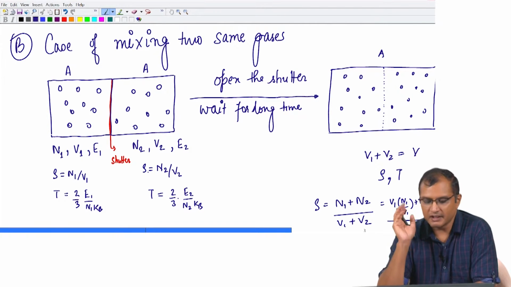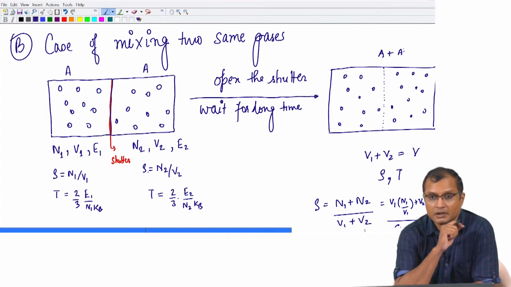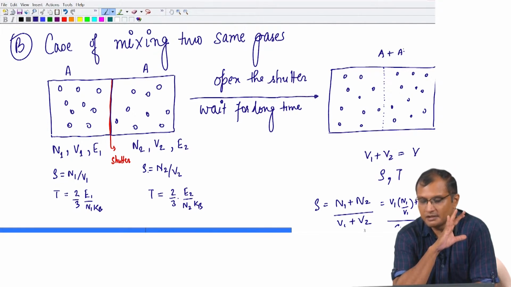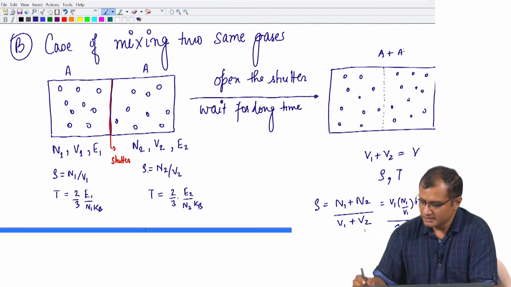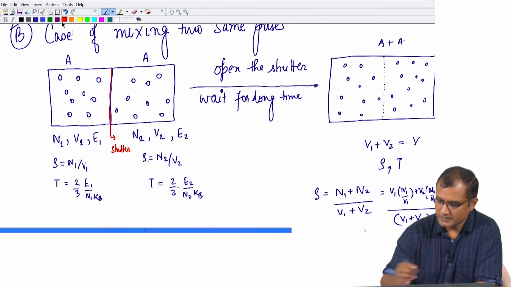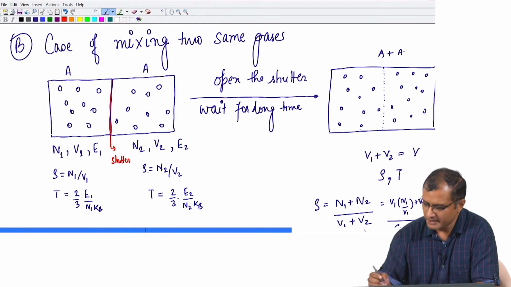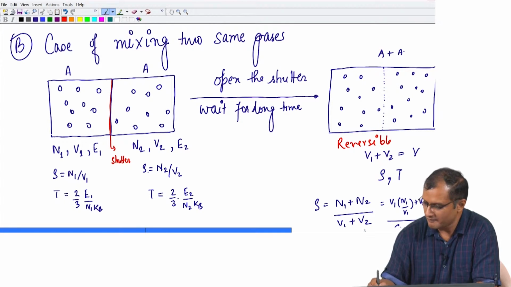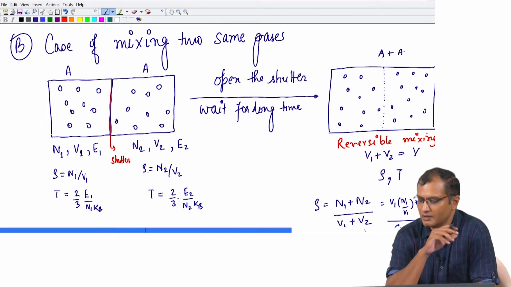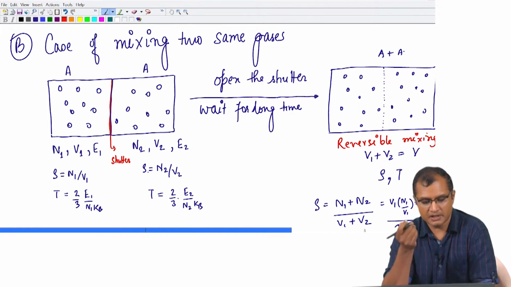So, now when you look at the final configuration, when A plus A has been mixed, you see that this is a reversible scenario, in the sense that the final, I am going to write down here, this is a state of completely reversible mixing. Because I cannot distinguish between the final macro state and the initial macro state.